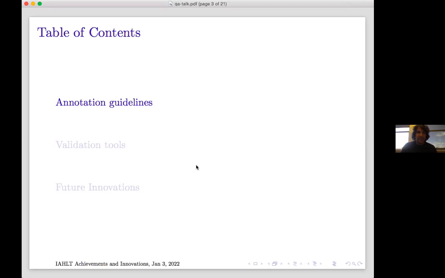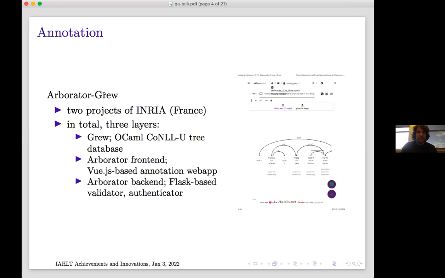So, the annotation pipeline. I don't remember how much Noam talked about this, but we use a project called Arborator-Grew, which is out of France, and it consists of three layers. At the furthest back, the most back end of it, we have Grew, which is an OCaml search engine for trees.